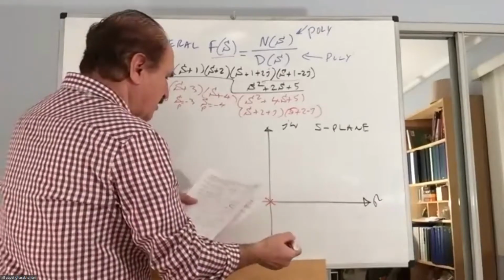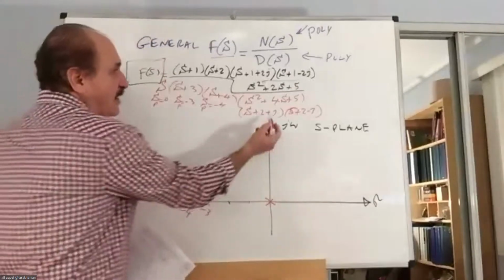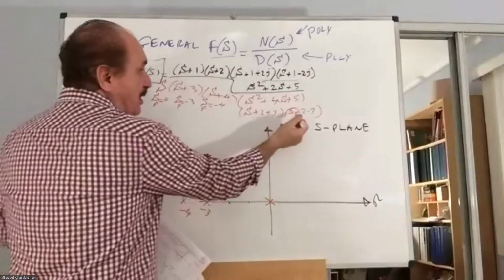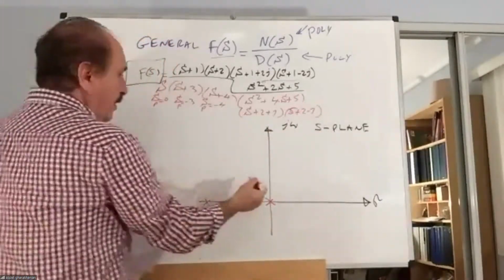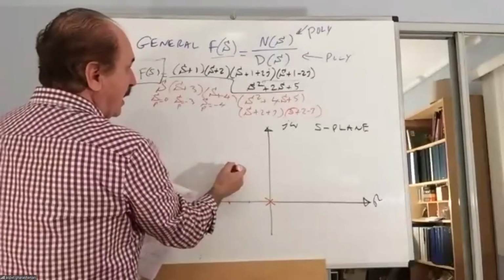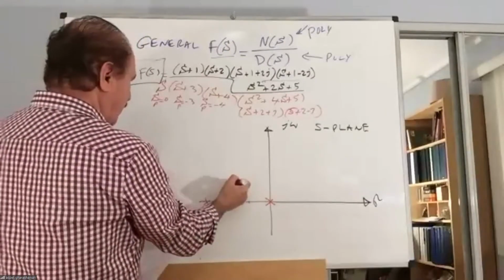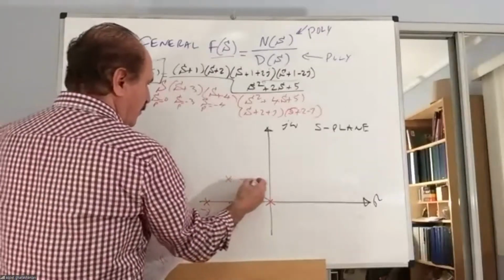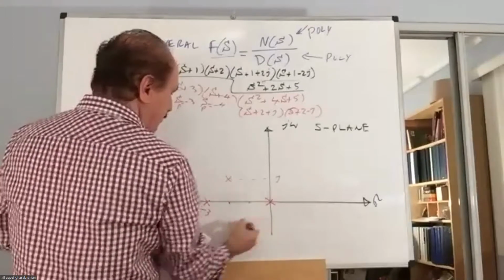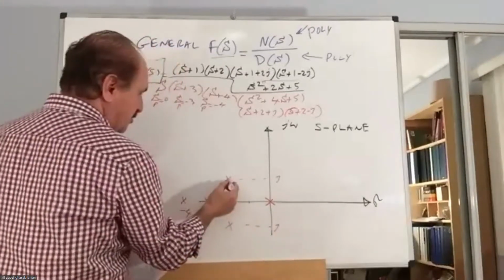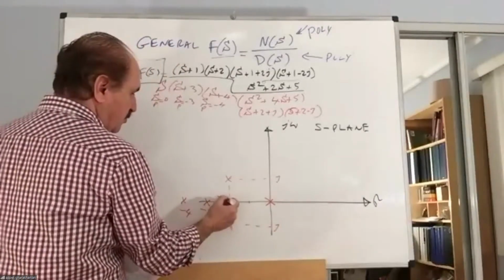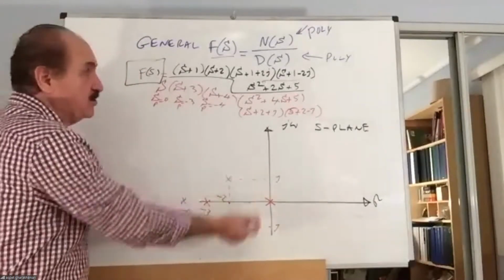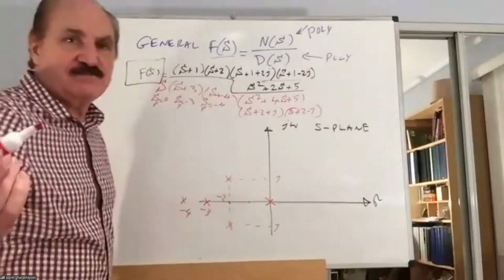And then you mark the complex ones. The complex ones have a complex component. So it will be -2 minus j and -2 plus j. The 2 is here, and j, so it will appear right here. That's j, and this is -2. So the axis that you see is presenting the poles of F(s).